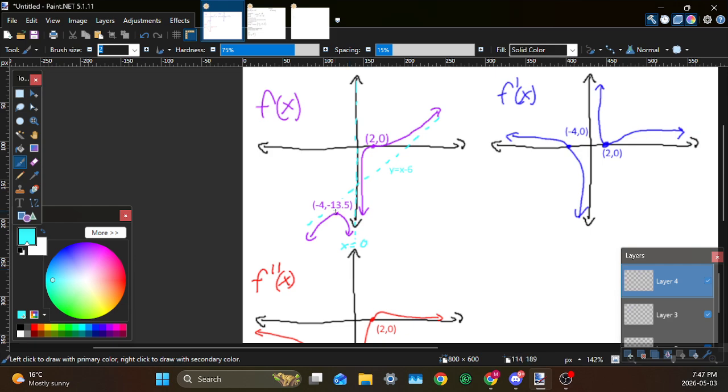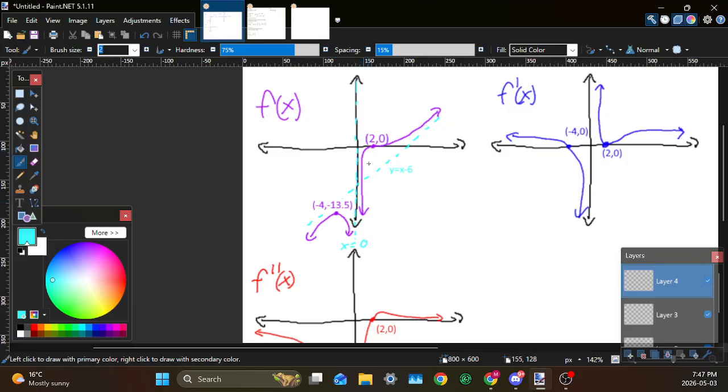So we can see here, before -4, it is increasing, and then after -4, it is decreasing, and then after 0, it is increasing again, and then it increases again after it levels out at 2 there.